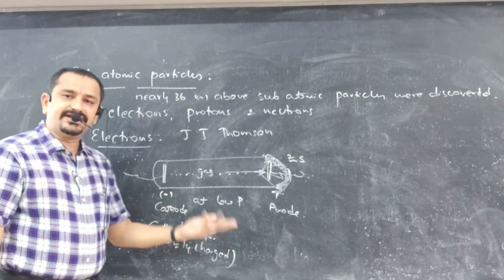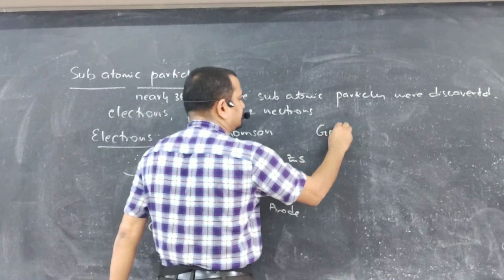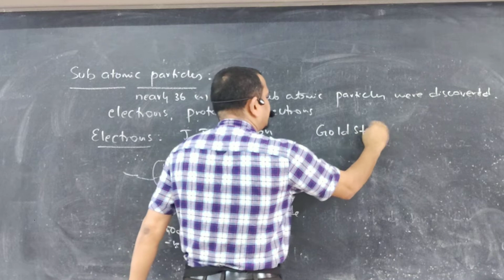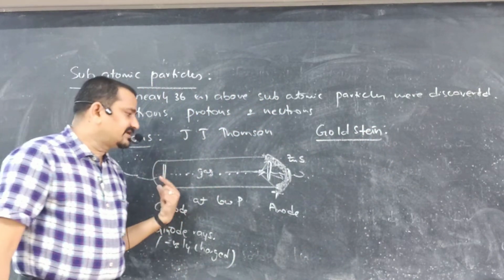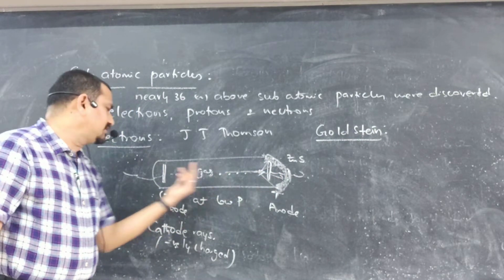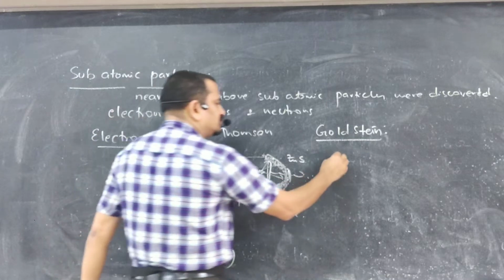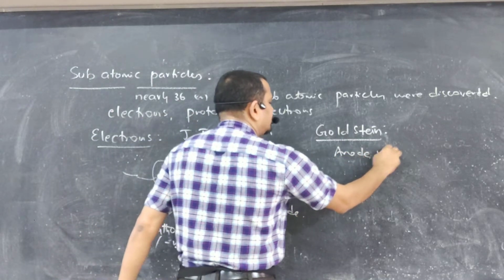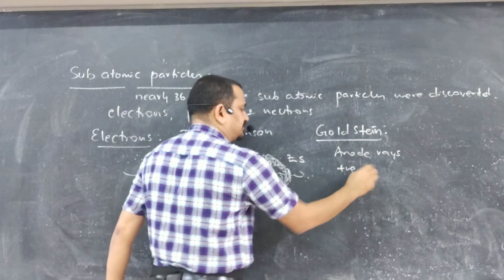Likewise, in a different experiment called the anode ray discharge tube experiment, done by Goldstein, several subatomic particles emanated out of the anode traveling towards the cathode were discovered. As they are coming out of the anode, those rays were named anode rays. Later, their charge was observed as positive.